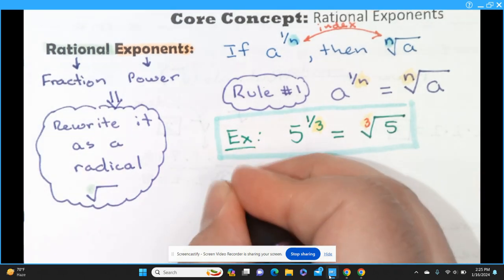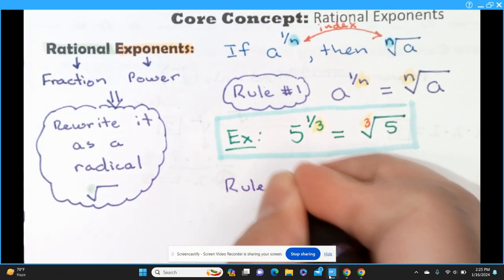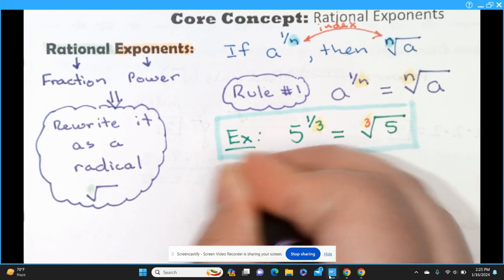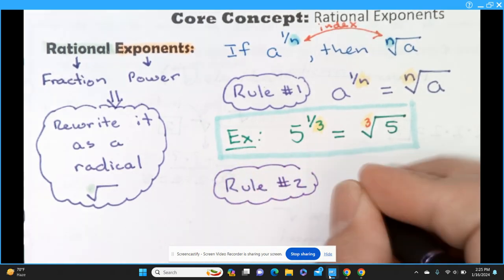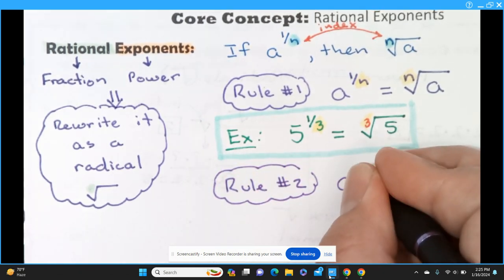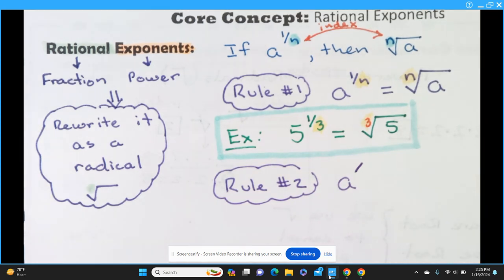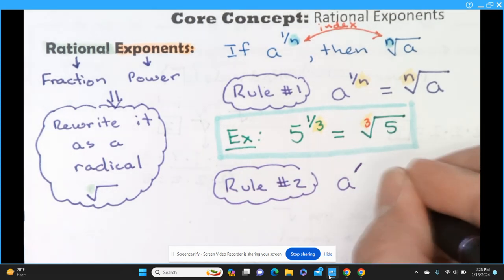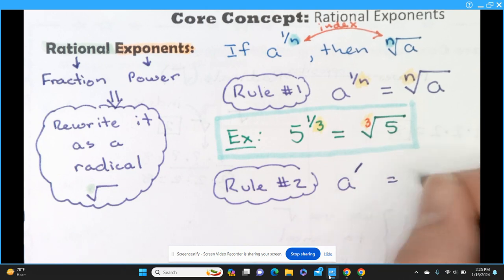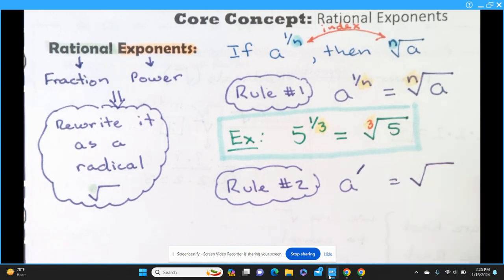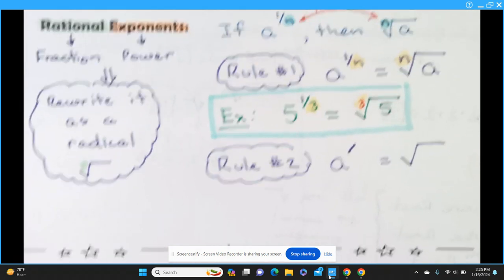And here's rule number 2. Rule number 2 says this, okay? If it says a, and yes, it's still a fraction, that's a power. So I know I'm going to bring in a radical. So here's what I was trying to tell you. As soon as you see a fraction as a power, you got to start getting it ready. It's going to be a radical here.